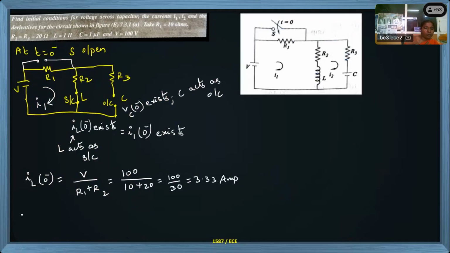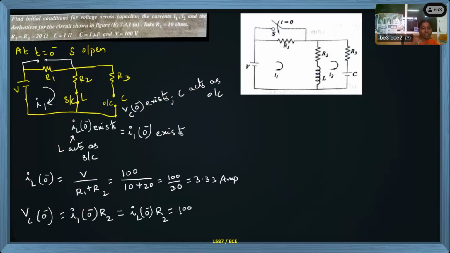Now what about voltage in the capacitor? The parallel branch where current flows, so I1 of 0 minus is flowing in R2 resistor, that is a parallel branch to capacitor. That voltage I can take as voltage across capacitor. This I1 of 0 minus is nothing but IL current at 0 minus, and R2 resistor.